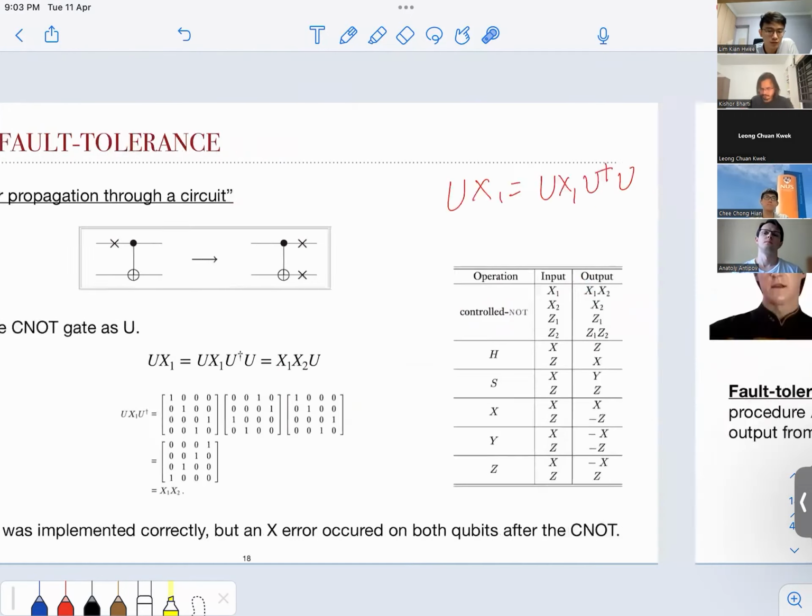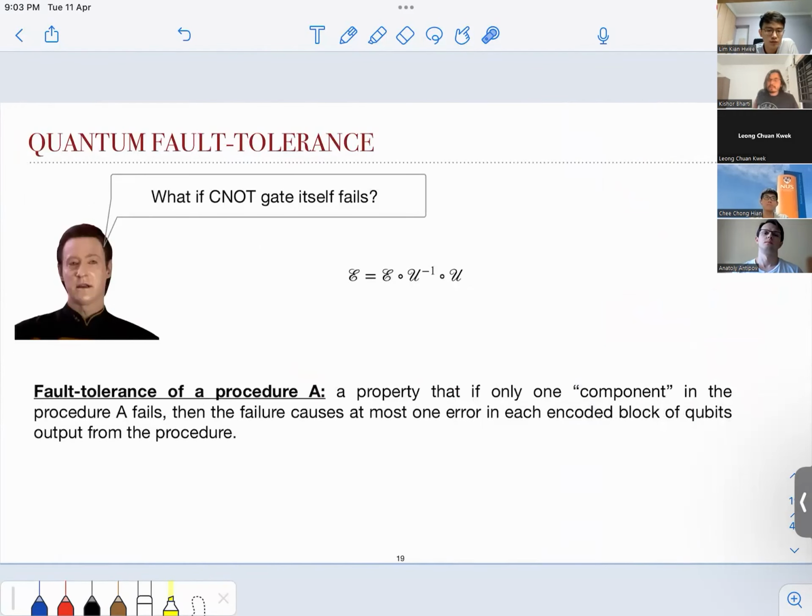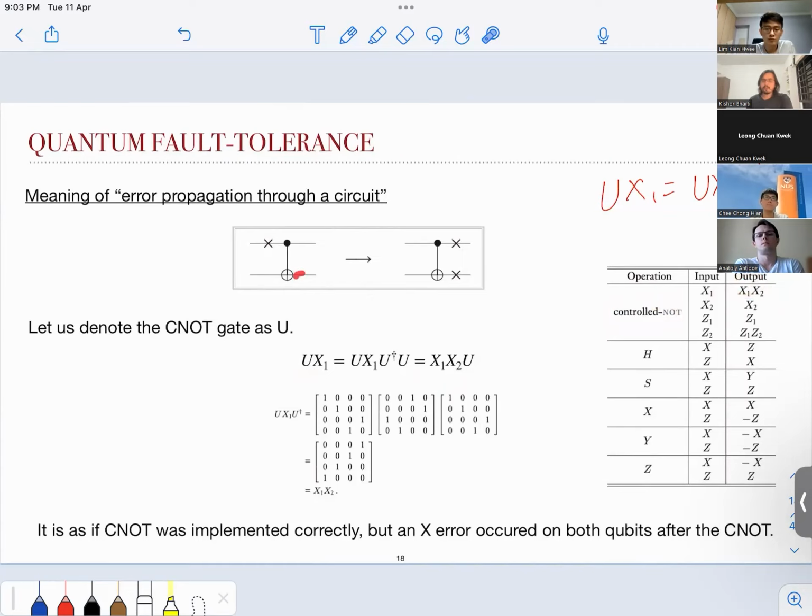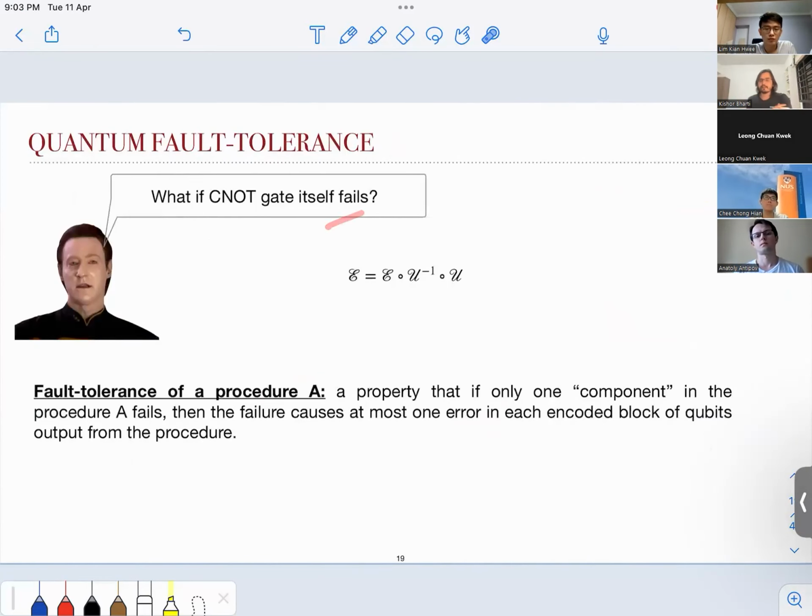Very nice. So now the question is, what if the C0 gate itself fails? In that case, you have to represent your C0 gate as some quantum operation E, and let's say U is the noise-free implementation.